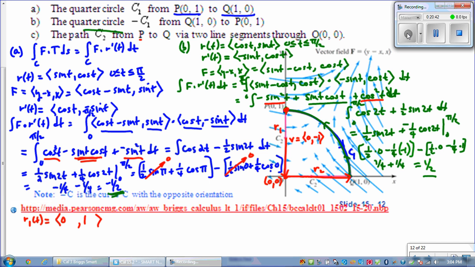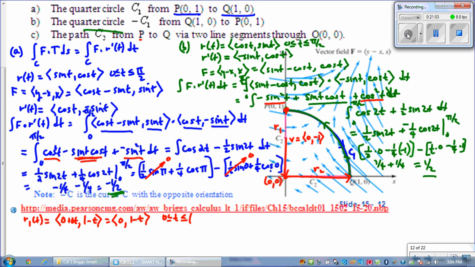So that's the vector parallel to the vector passing through those 2 points. So we'll have plus 0t and then minus 1t. So the parameterization is actually just (0, 1 minus t). And now again, the t values will go from 0 to 1.